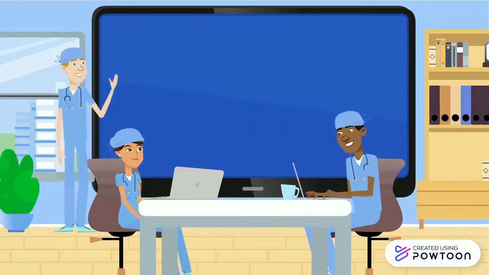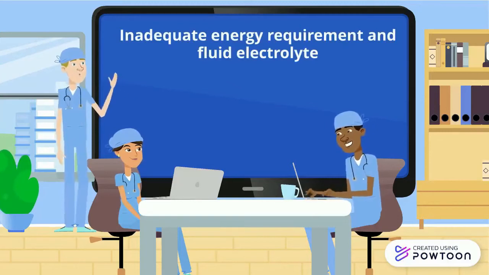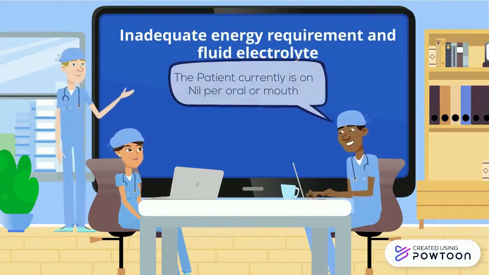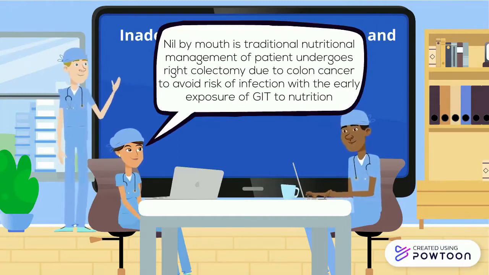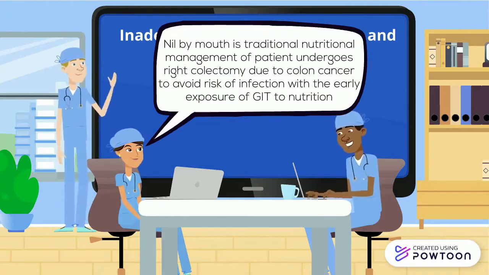The last assessment is on the inadequate energy requirement and fluid electrolyte. The patient is currently nil per mouth, which is a traditional nutritional management for patients that have undergone a right colectomy due to colon cancer.